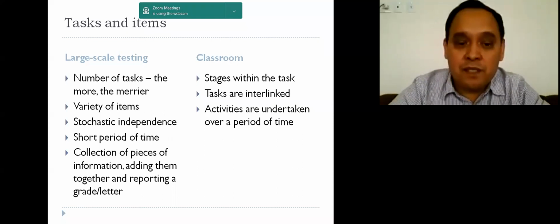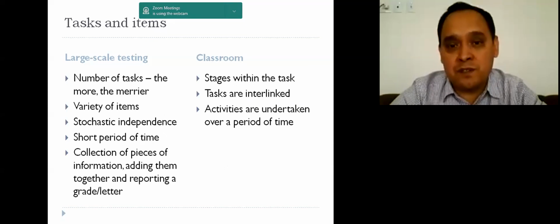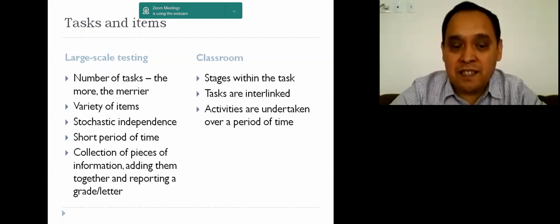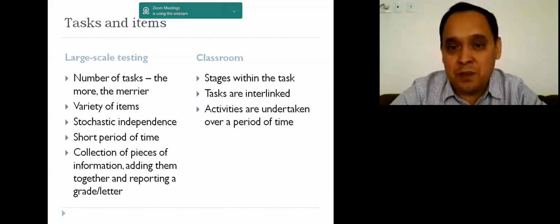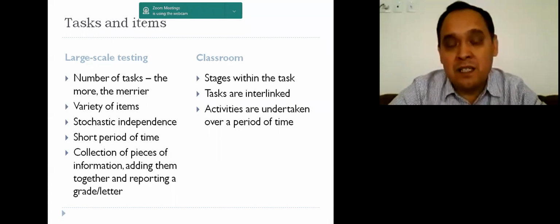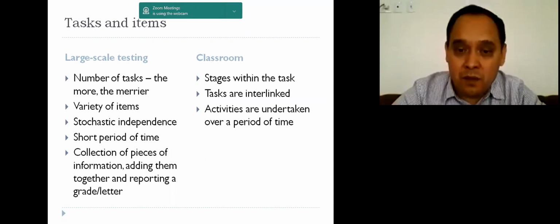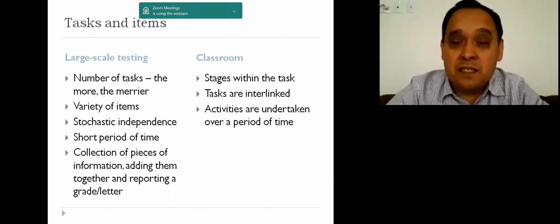And the purpose of these tests is to collect pieces of information from students' responses, add them together, and report the outcome as a grade or a letter. It can be A, B, F, D, or whatever, or a very short description of the student's performance, which is very different from the classroom assessment situation.